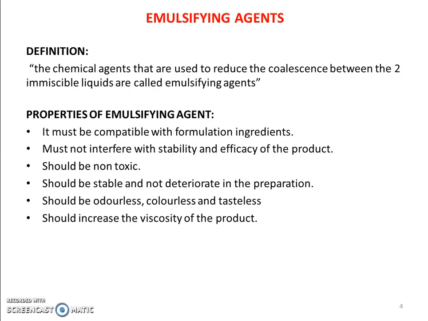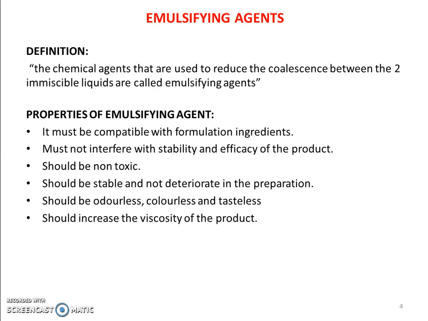Whatever emulsifying agent you select for the pharmaceutical emulsion should have the following properties. First, it must be compatible with the formulation ingredients. Second, it must not interfere with the stability and efficacy of our product. Third, it should be non-toxic.